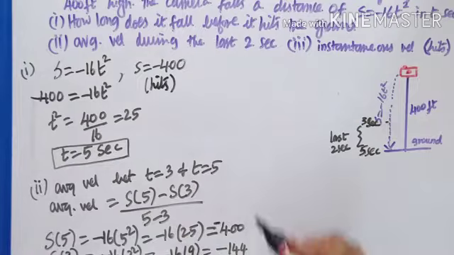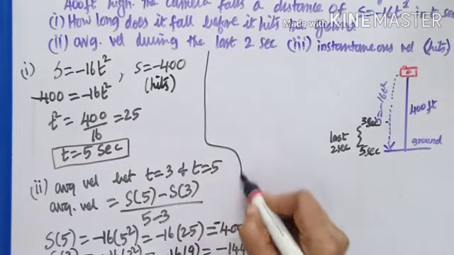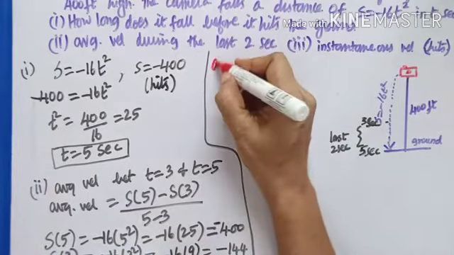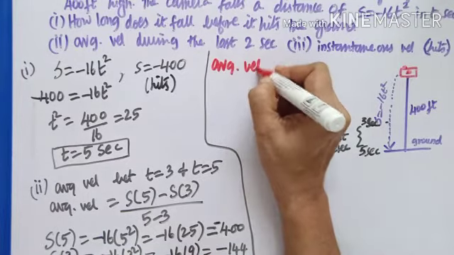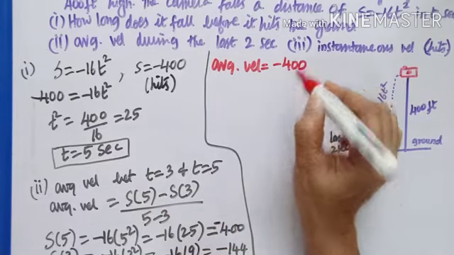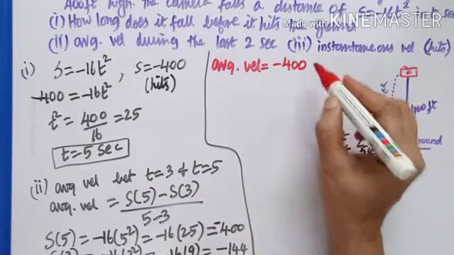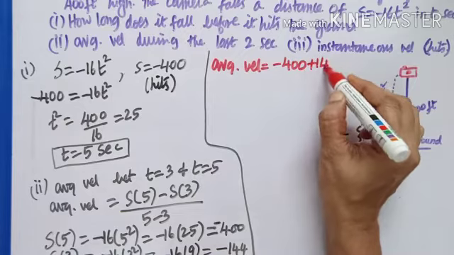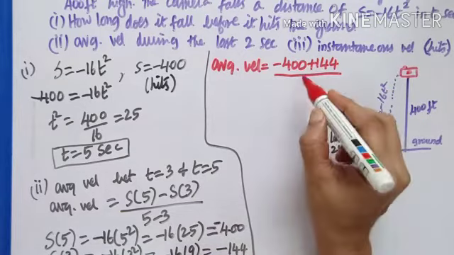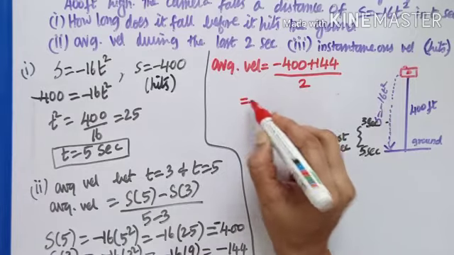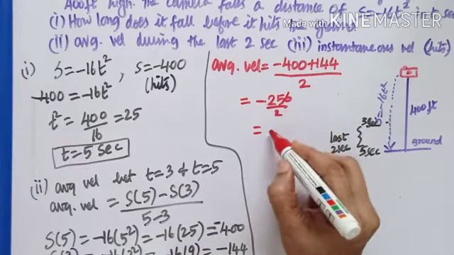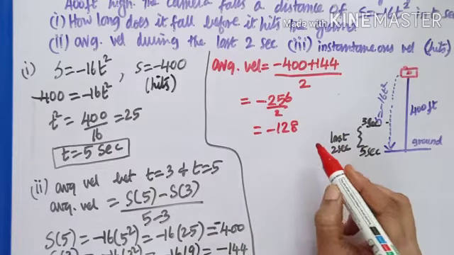Substituting back in average velocity, we get s of 5 value minus 400 and s of 3 is minus 144, which is plus 144, divided by 5 minus 3 is 2. So I get minus 256 by 2, or it is minus 128.